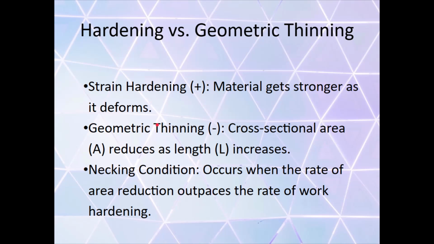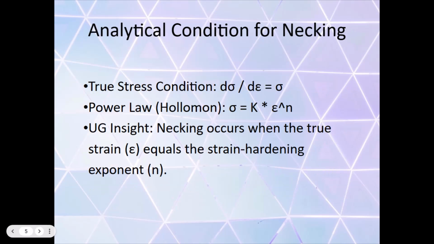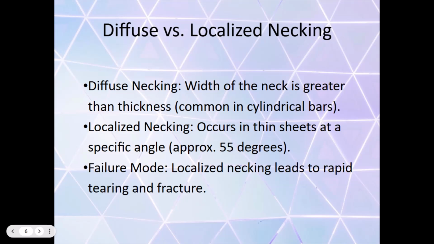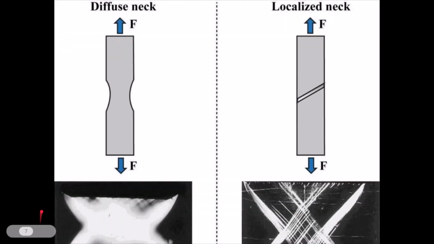The reason these terms are used here is that the necking condition occurs when the rate of area reduction outpaces the rate of work hardening. That means when the cross-sectional area reduction is greater than the strain hardening, necking takes place.